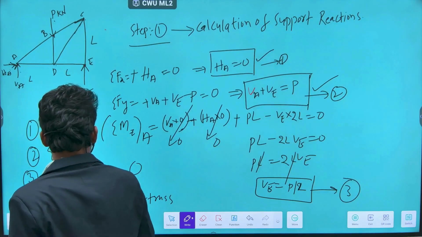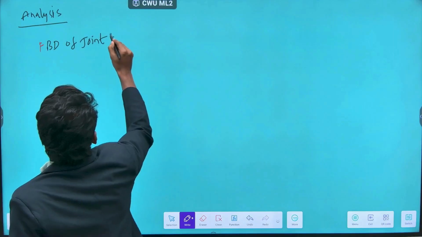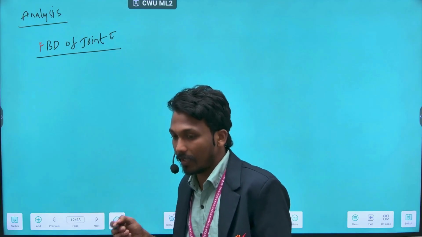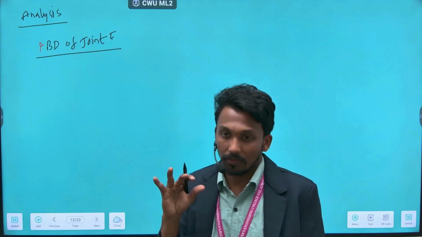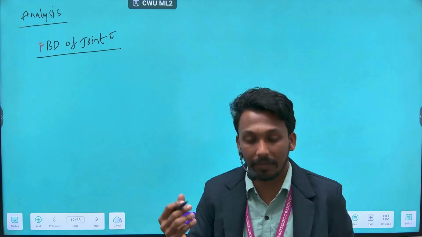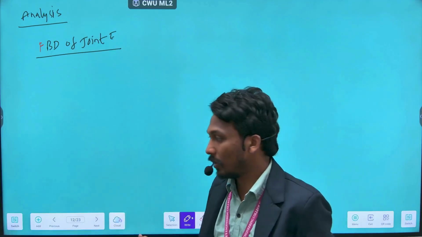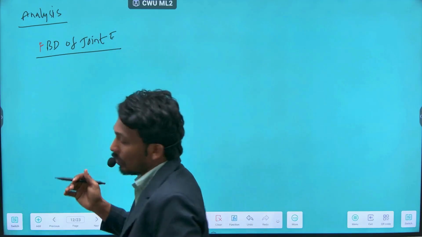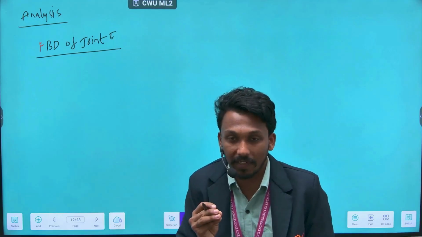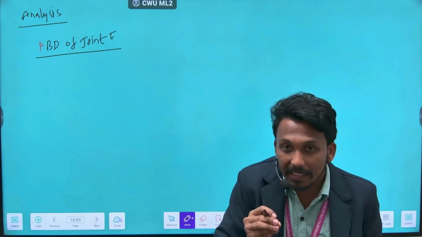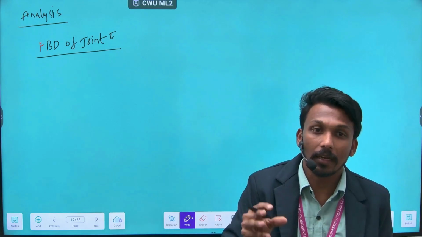Joint E. So what I will do is, I will apply the free body diagram of the joint E. As I mentioned while I am discussing about the prerequisites, free body diagram application is a must to understand this concept. Free body diagram I have already discussed roughly. So free body diagram means, we have to represent the forces acting on the body.